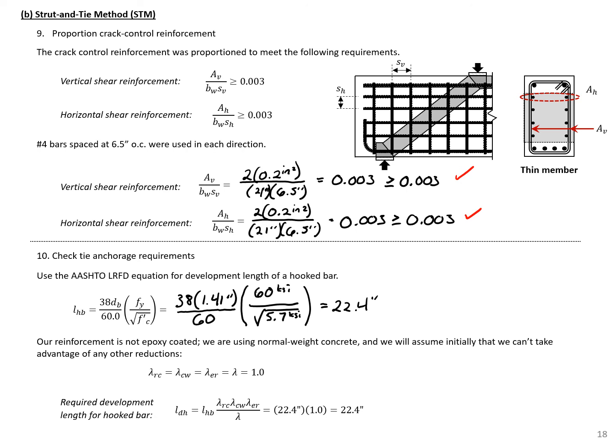We're going to assume all of our other lambda factors here are equal to 1. So our required development length for our hooked bar is just going to be 22.4.